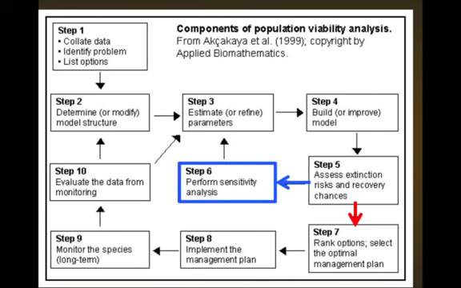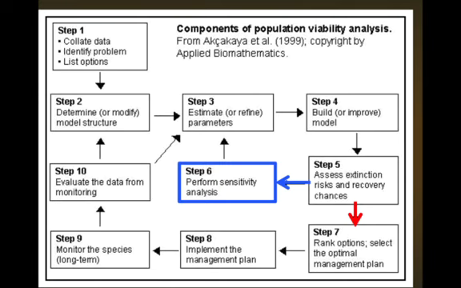to step 6. Okay, a sensitivity analysis is one in which we determine which parameters make a big difference in the outcome of the model and which ones don't. So including them or not including them, does it make a big difference? If the value is small, does that make a big difference compared to whenever the value is large?